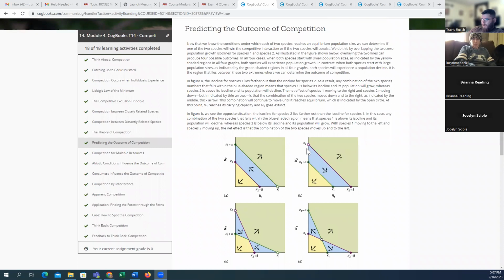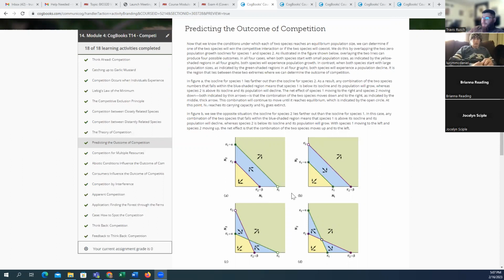This one over here? No, still on A. Yes, that one, K2, will have reached its carrying capacity for species 2. And then why is K1 an open circle? Because the whole ecosystem has reached equilibrium there.